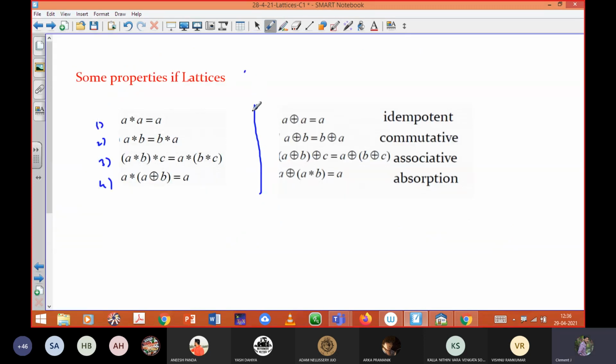Next, there are some properties if a set is a lattice.